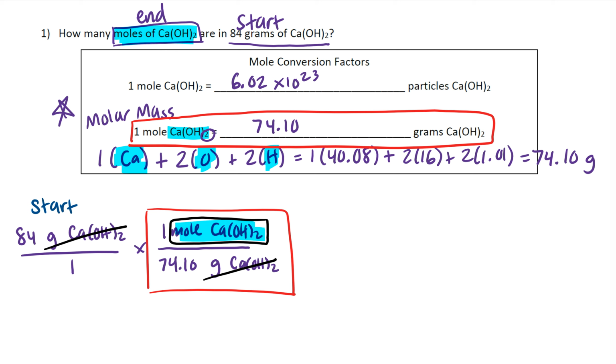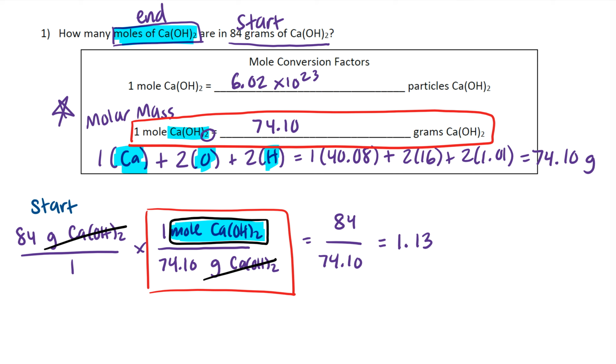There it is. I'm done with the work. Now I can calculate this answer. And remember, we're going to multiply the top, so it's just 84 on top. And then we're going to multiply the bottom, it's just 74.10, and then we do top divided by bottom. We get an answer of 1.13, rounding to 2 decimal places.